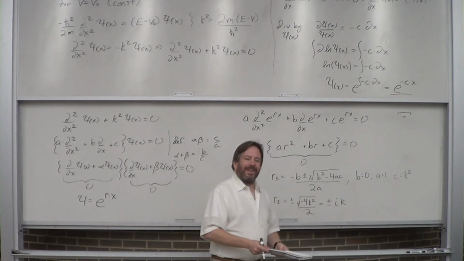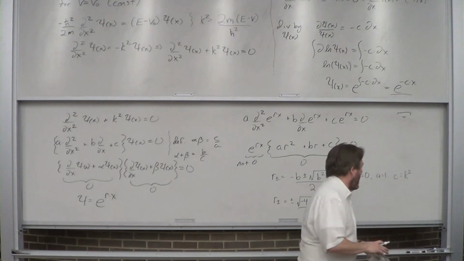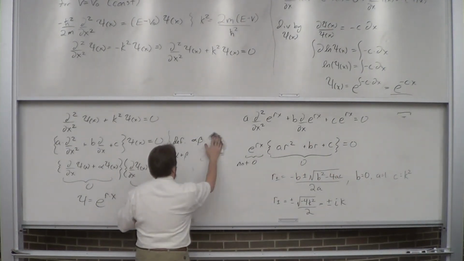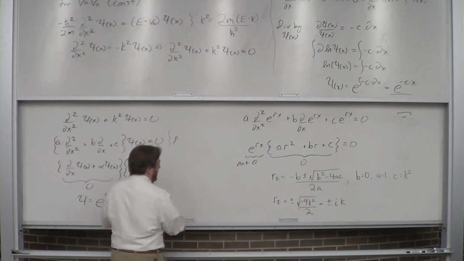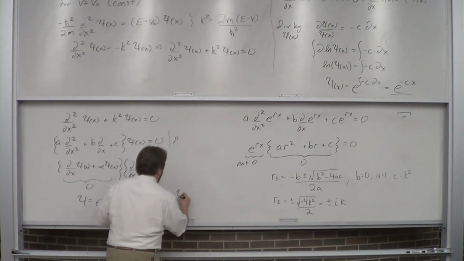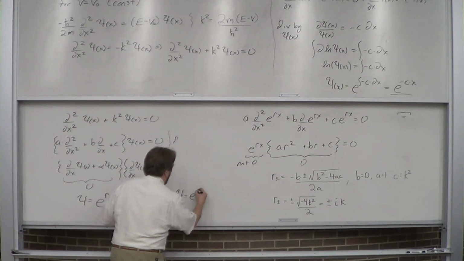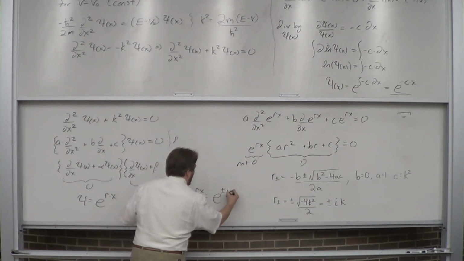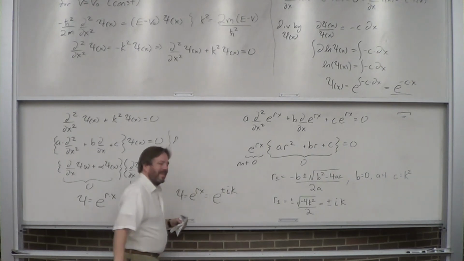There you go. All right, looks familiar because remember that the wave function, the solution, is actually e to the rx, so that's e to the plus or minus ik, right?